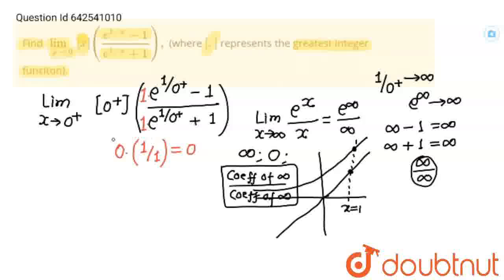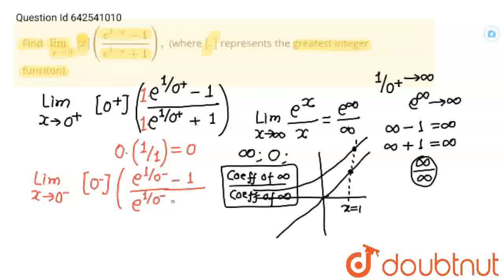No problem. Now let's move to limit x tends to 0 minus. I am writing greatest integer of 0 minus, times e to the power 1 upon 0 minus minus 1 upon e to the power 1 upon 0 minus plus 1.